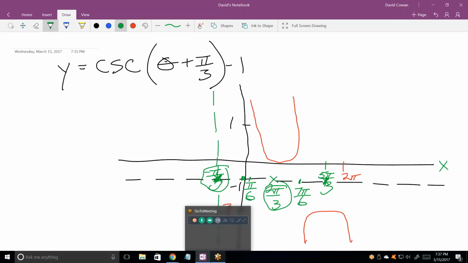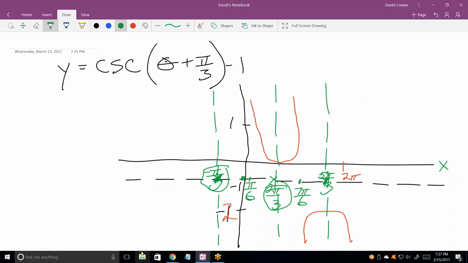I got an asymptote every pi. So I got to draw my cosecant curve relative to these asymptotes. And I know that it goes down to y equals 0. So first one looks like that. And the next one goes up to -2 and back down.